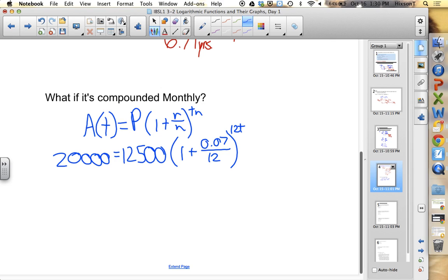Because here's what we're doing, remember? We're converting this annual interest rate to a monthly interest rate, and we're converting our years to months by multiplying by 12, okay?